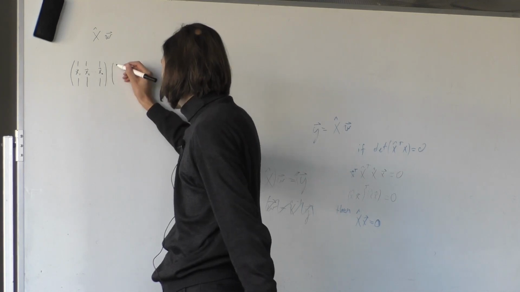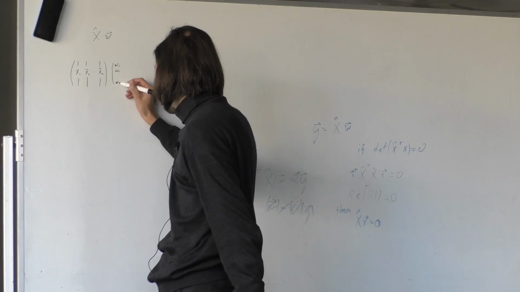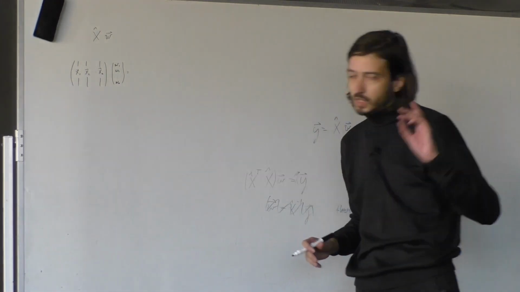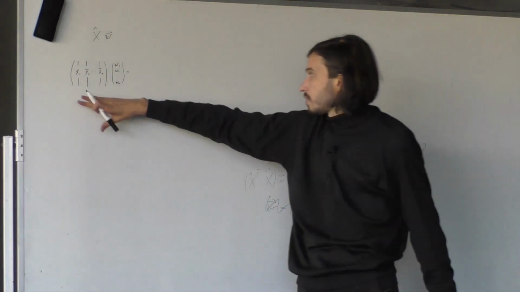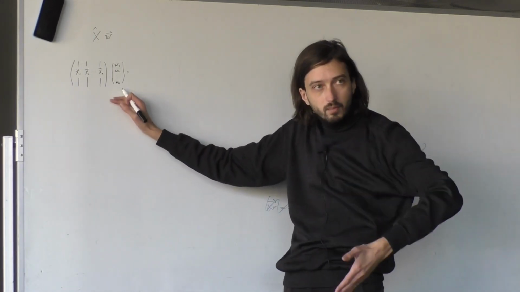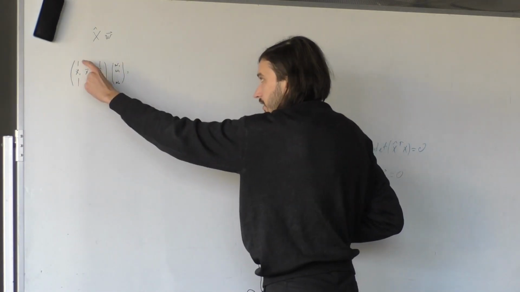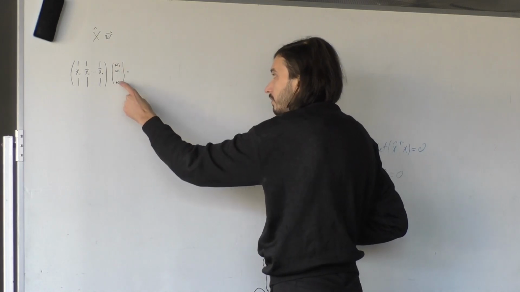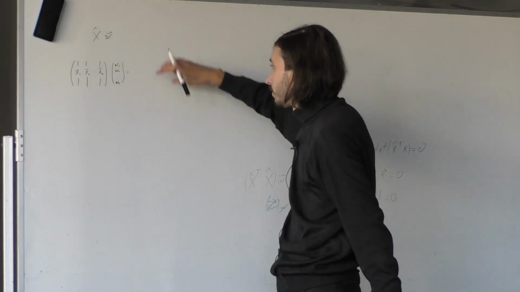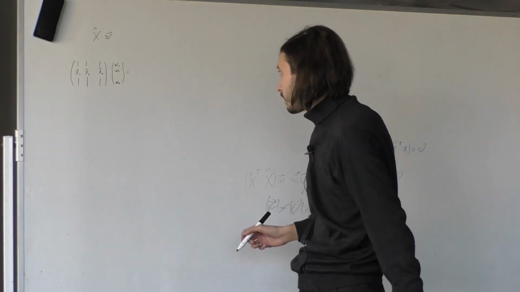I'm multiplying that with a vector w that has components w1, w2, wn. Please note, how do we multiply a matrix by a vector? Row by column. I'm taking this row and multiplying each component by the corresponding coefficient, and putting the result into the first slot. Then I'm doing the same thing with the second slot and so on.